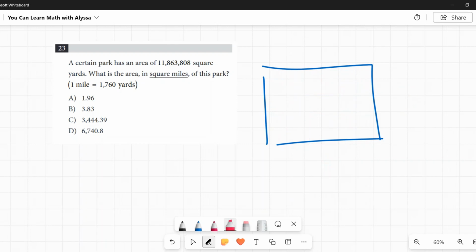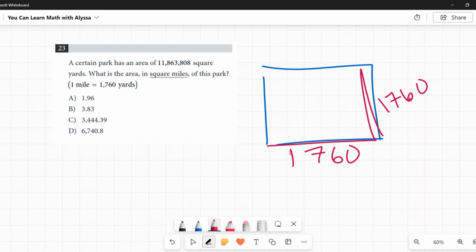Same principle. A square mile is going to be a mile on either side, or as they're reminding us, 1,760 yards by 1,760 yards. So if I wanted to know how many square yards there are in here, I'm going to multiply 1,760 by 1,760.